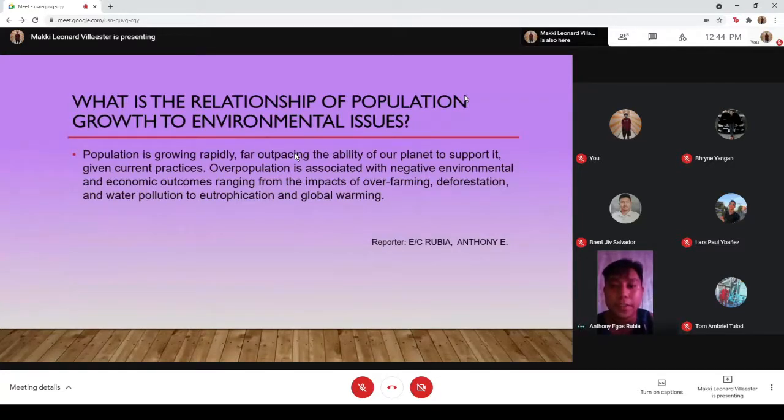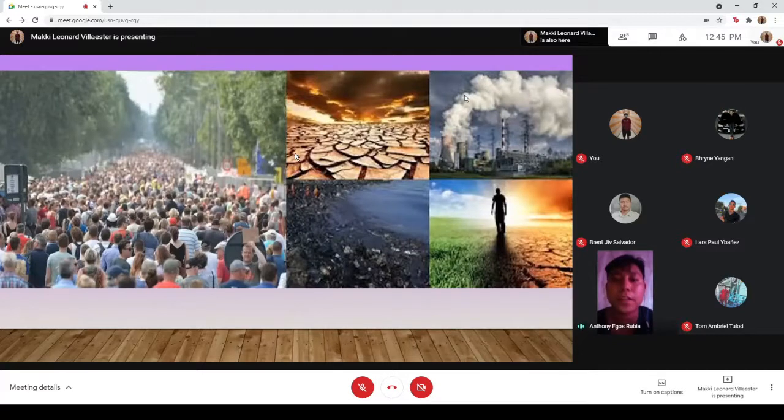Overpopulation is associated with negative environmental and economic outcomes, ranging from the impacts of overfarming, deforestation, and water pollution to eutrophication and global warming. Population growth has a significant role to play in the sustainability of the world's vast resources.